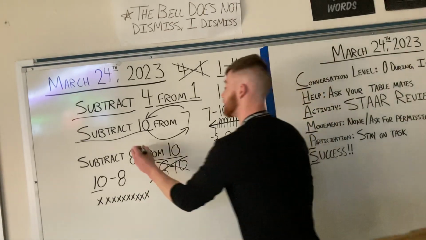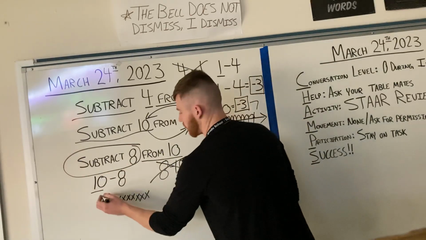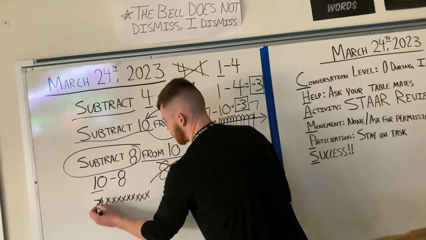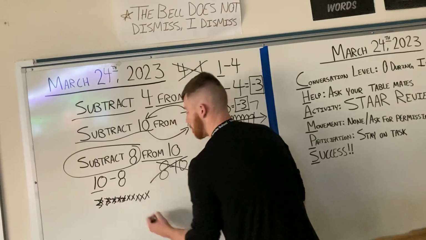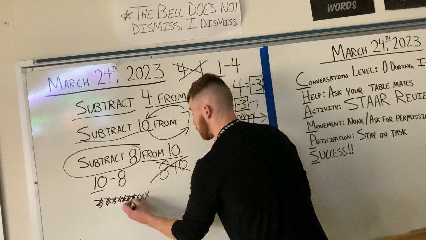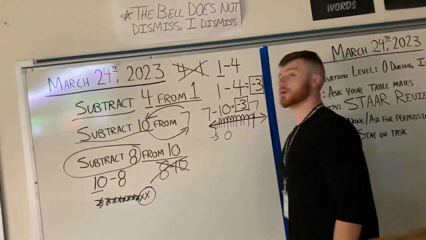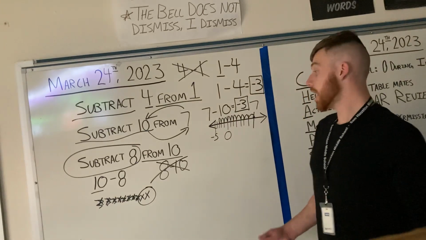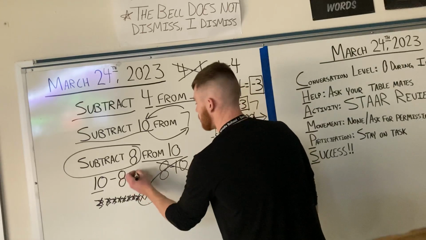We are subtracting 8. So I'm just going to mark off 8 of these. I marked off 1, 2, 3, 4, 5, 6, 7, and 8. So how many are left? Yes, very good. I have 2 left. So my answer is 2.